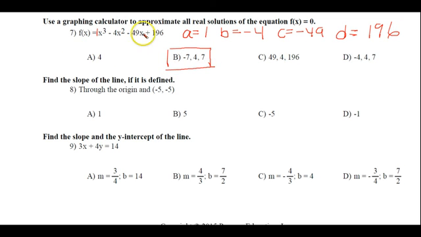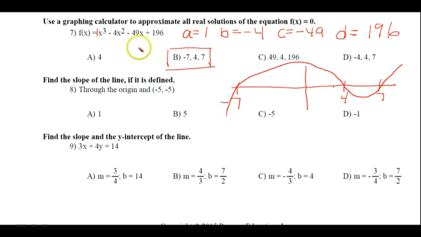Now, if you had a graphing calculator and you said to graph this, an interesting thing would occur. And I'm just sketching this, that it would go through your x-axis at -7, at 4, and at +7. And in a sense, we often refer to this as finding the zeros.